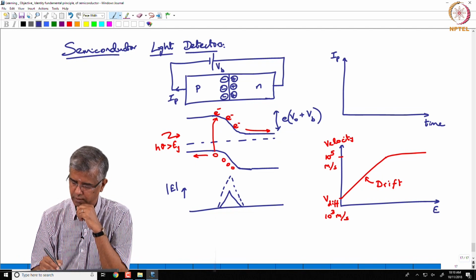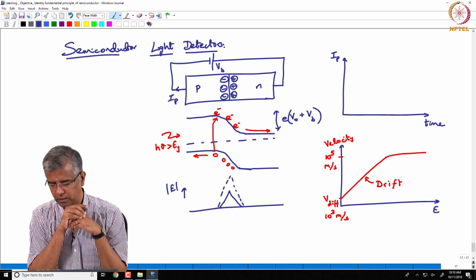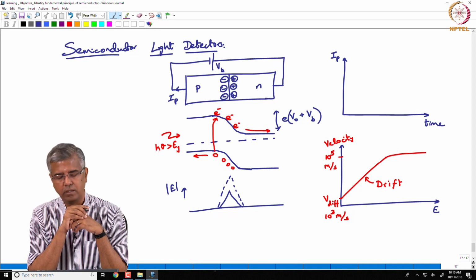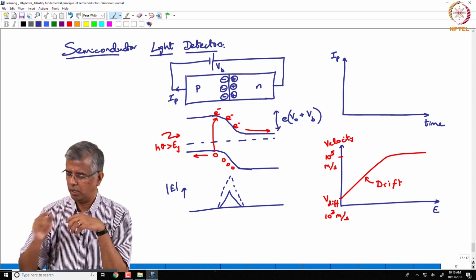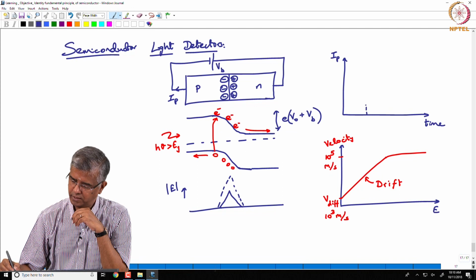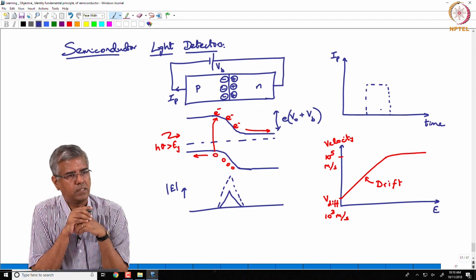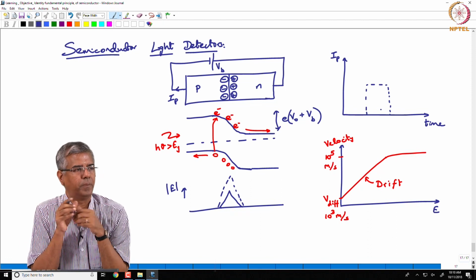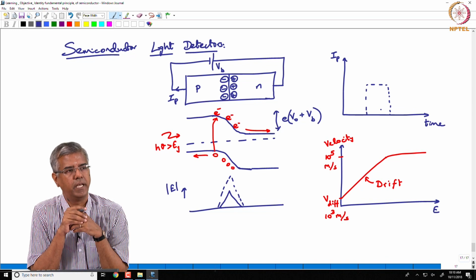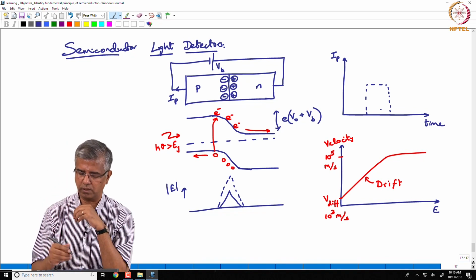IP let us say is the photocurrent generated because of light falling on this photodiode. If you have an incident pulse that is like a square pulse, incident optical pulse that is square in shape, how is the photodiode going to respond to this?